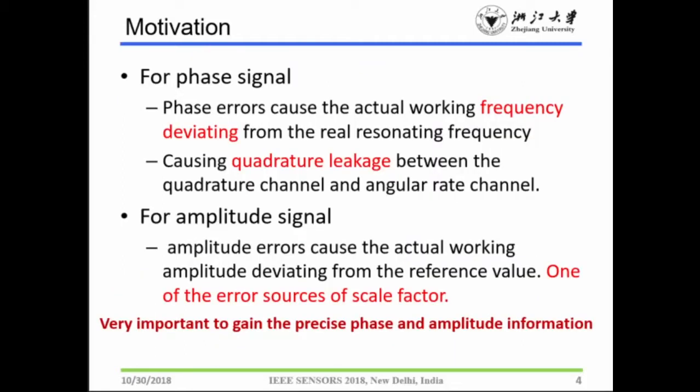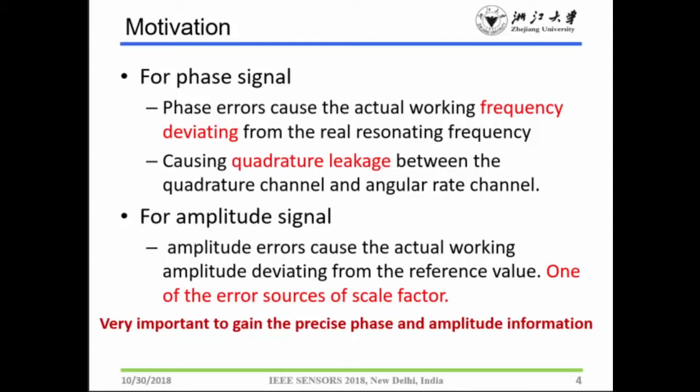For the phase and amplitude information in the gyroscope drive mode, it is very important to gain very accurate and precise information. Here is why. Phase errors cause the actual working frequency to deviate from the real resonant frequency of the gyroscope drive mode, and could cause quadrature leakage between the quadrature channel and the angular rate channel.